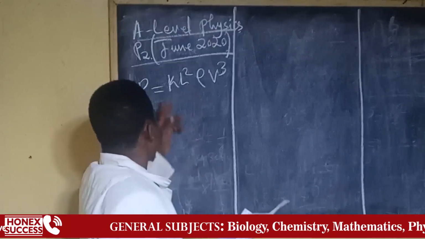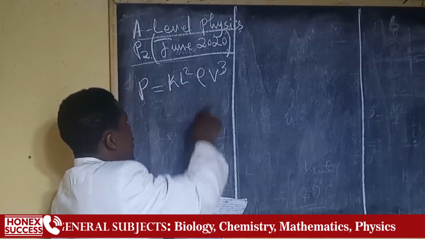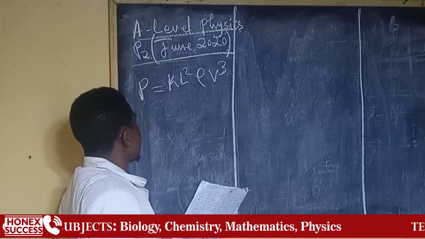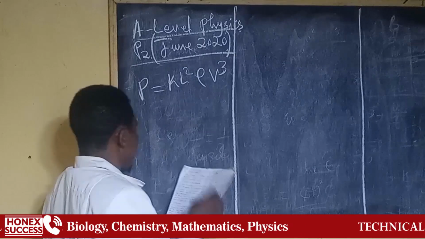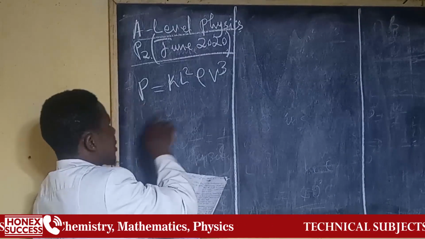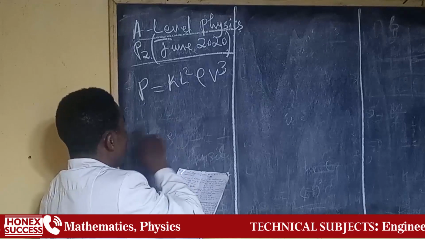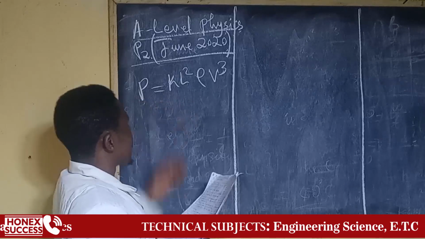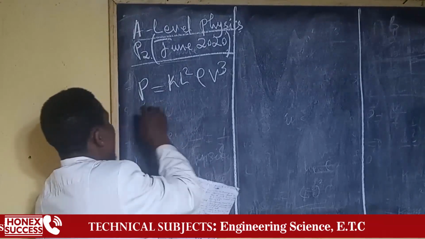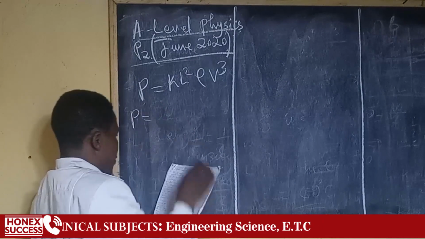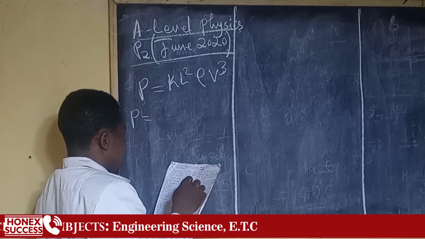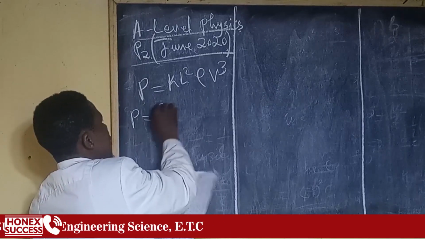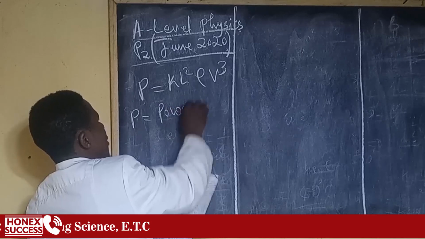Okay, we need to know the meaning of each of the quantities here given. Each of the letters, we have to know what quantity each stands for. We have P is being given as the power.